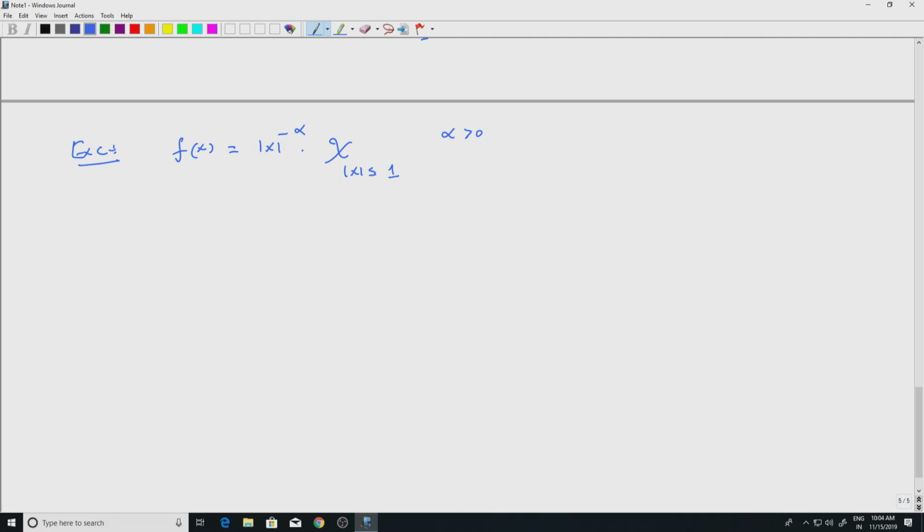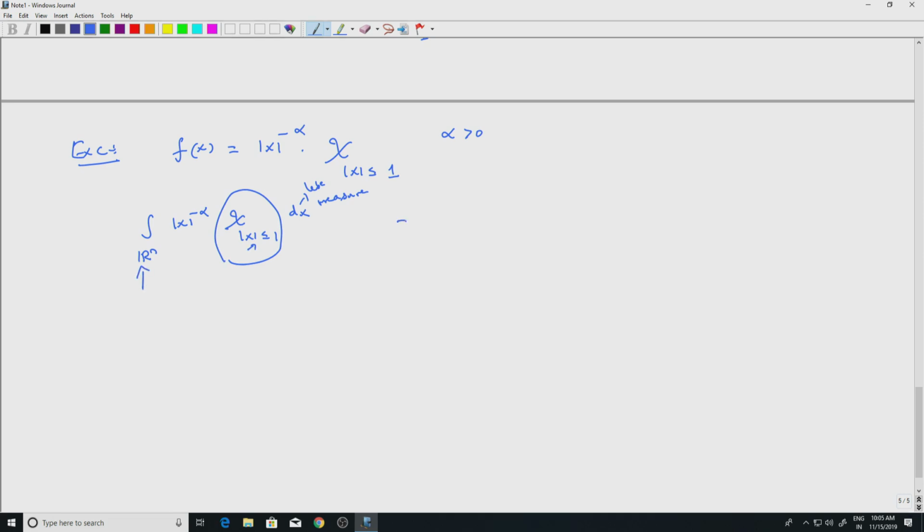If I want to integrate this, I integrate over R^n mod x to the minus alpha times the indicator of mod x less than or equal to 1, dx, where dx is the Lebesgue measure. Because of the indicator function, the integral is not over R^n, it will be on this set.